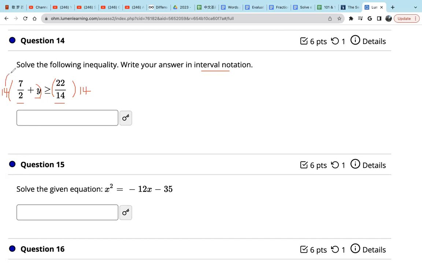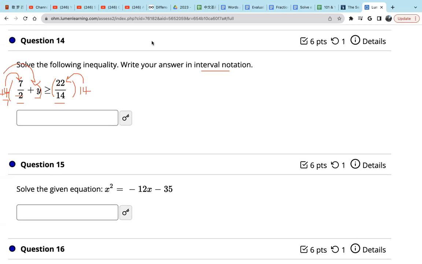So 14 multiplied by 7/2, then 14 multiplied by y, then 14 multiplied by this term. When we multiply 14 with 7/2, 2 goes into 14 seven times.